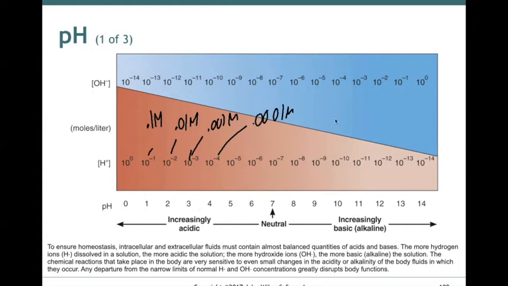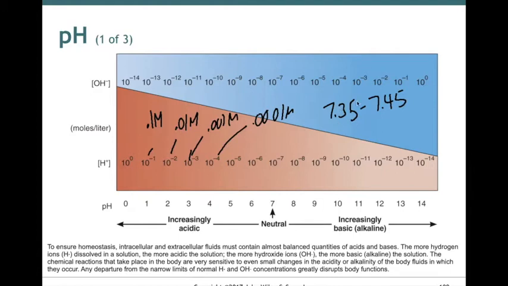Our blood is at about pH 7.35 to 7.45, a fraction of one of these whole numbers, because the change from this to this is very drastic. Your blood is kept within the range of pH 7.35 to 7.45.